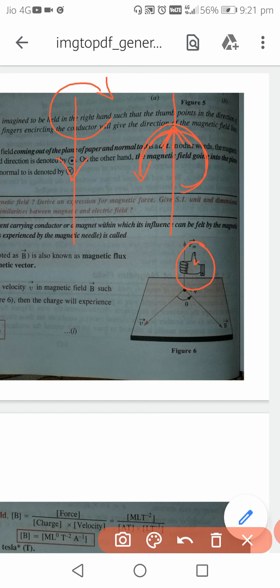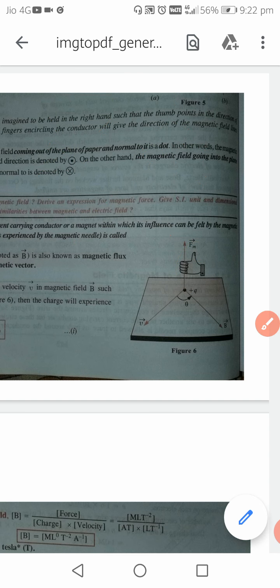You can try that your thumb is downward and the curl of the other four fingers is the direction around the conductor. This is a straight conductor, and around the conductor this will be the direction.